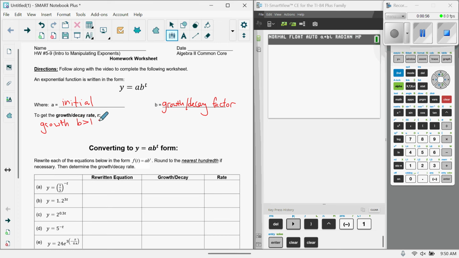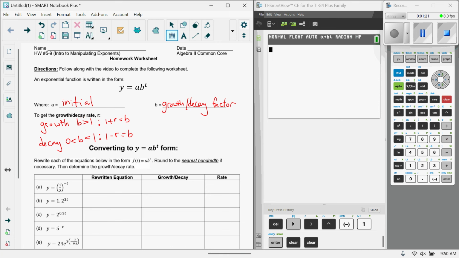That means you are going to set up the equation that 1 plus r equals your base and solve for r. If you have exponential decay, then your base is between 0 and 1, and that means you're going to set up the equation 1 minus r equals b.